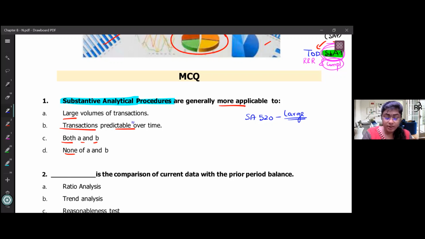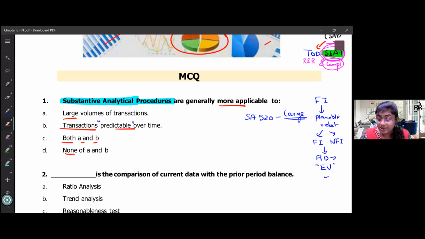Not only that, in analytical procedure, if you remember the definition, meaning of analytical: evaluation of financial information by analyzing plausible relationship between financial and non-financial information to identify and investigate fluctuation or deviation from expected value by a significant amount.